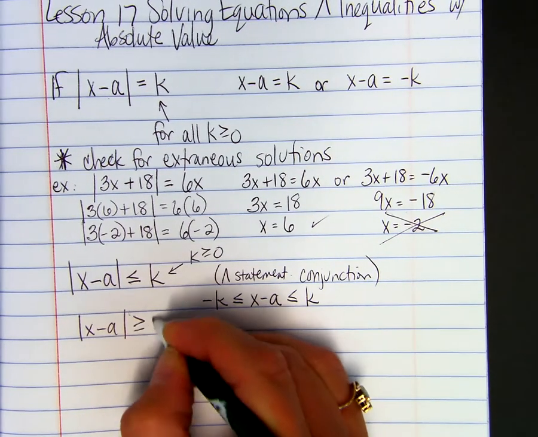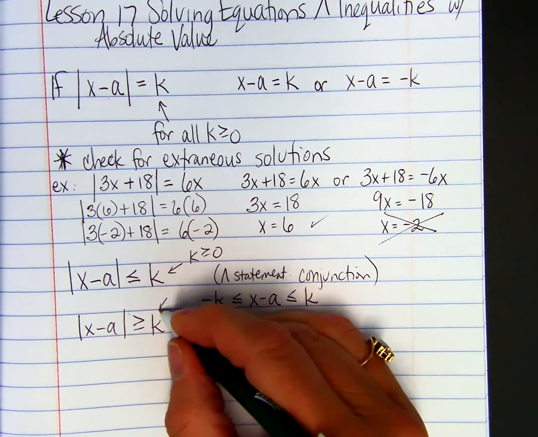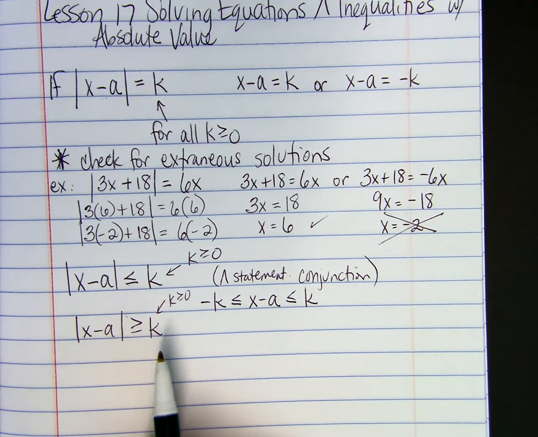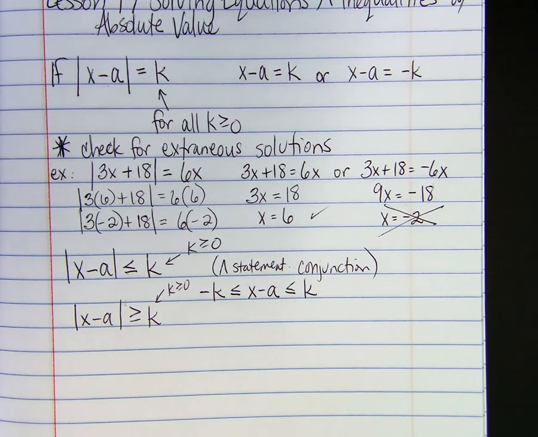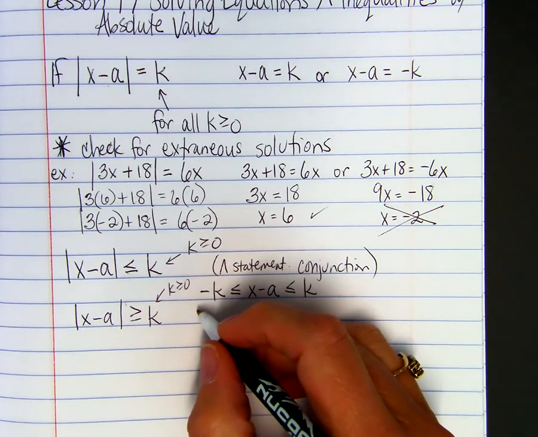Now if it's greater than or equal to a number, and again, k is greater than or equal to 0, always. Now this is an or statement, because we're talking about distance from 0 greater than a number.